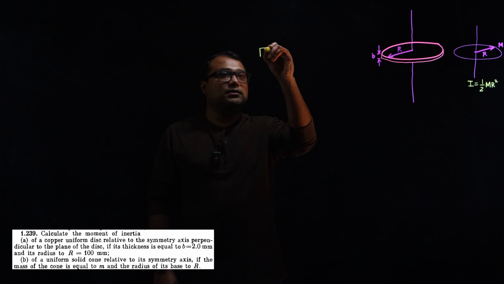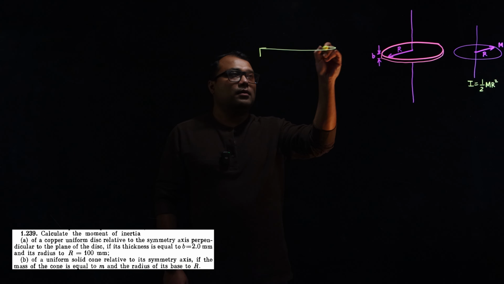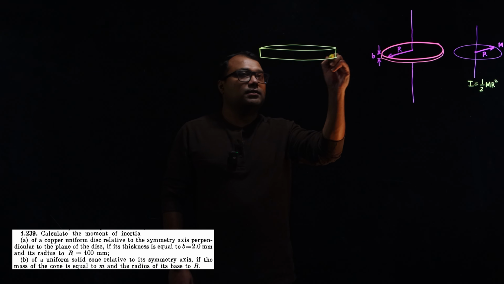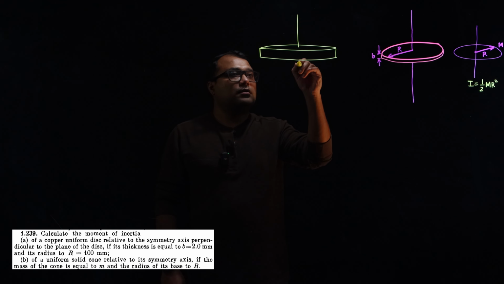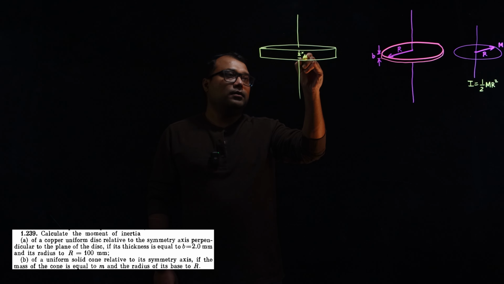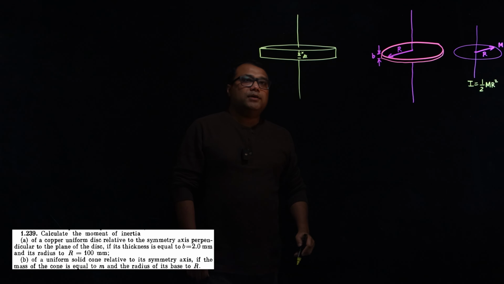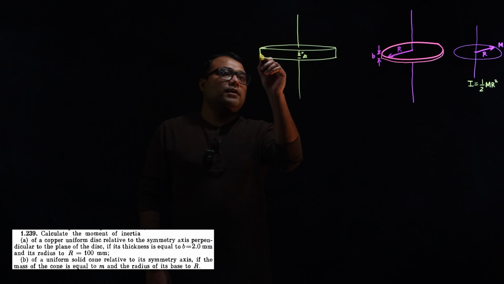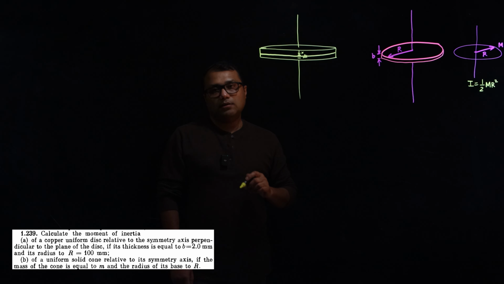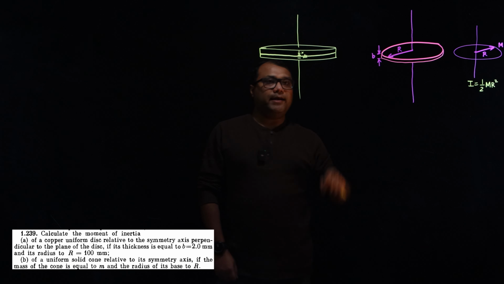So let's say this is the disk. We take, at a distance x, a small element dx. The resultant disk that forms of this element dx can be thought of like a flat disk.